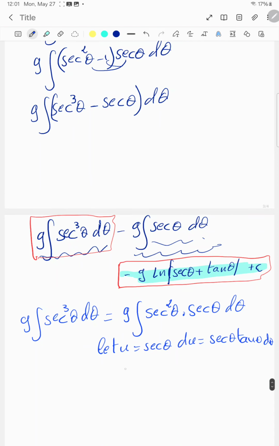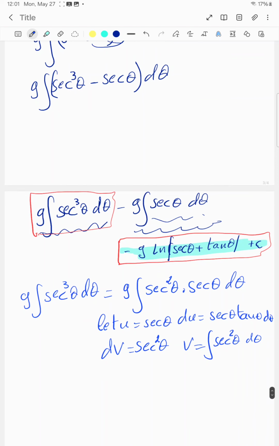And my dv is equal to sec square of theta, my v is equal to the integral of sec square of theta d theta. And it's a formula. I know the integral of sec square of x is tan of x. So my v will become tan of theta. So this is my u and this is my v. And I will do integration by parts.